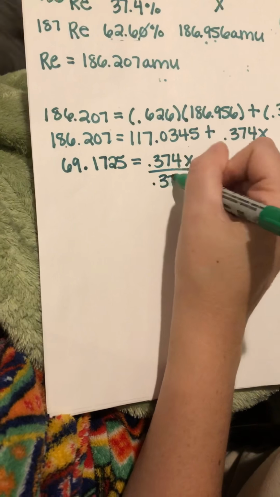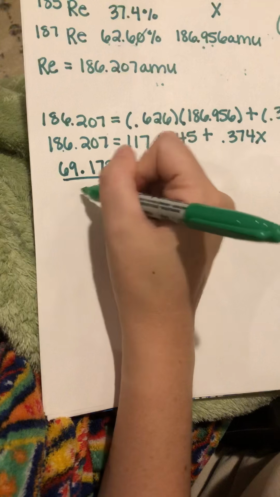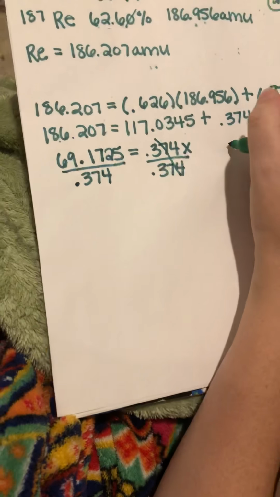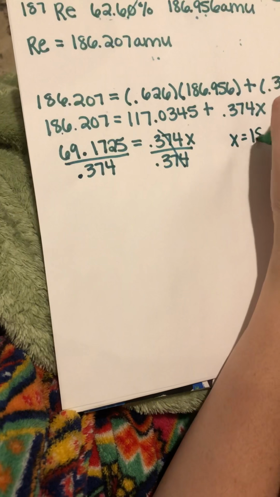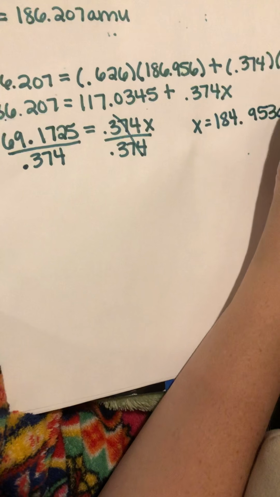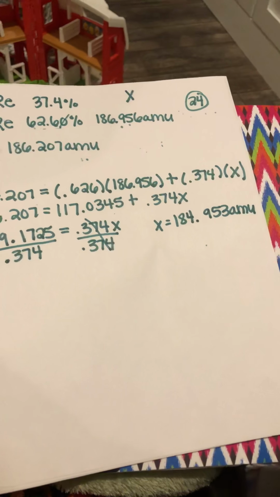Divide by 0.374, divide by 0.374, and when I do that, I get that x is equal to 184.953 AMU.